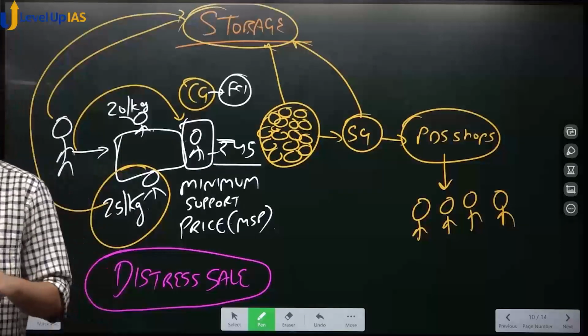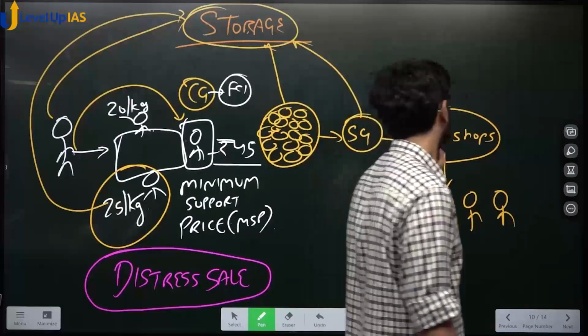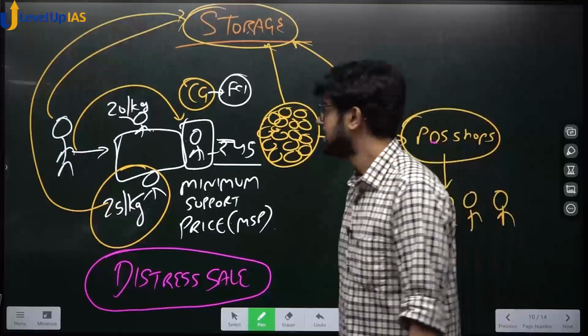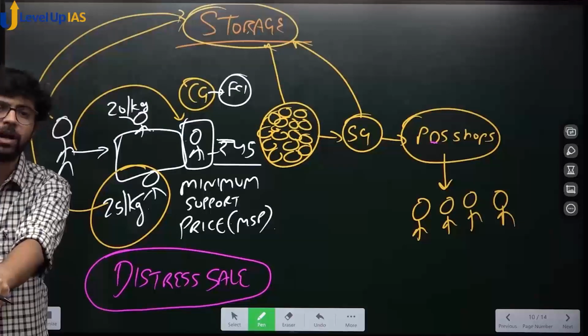Distress sale. समझा? Sale by farmers due to non-availability of a good price or in desperate times is called a distress sale.